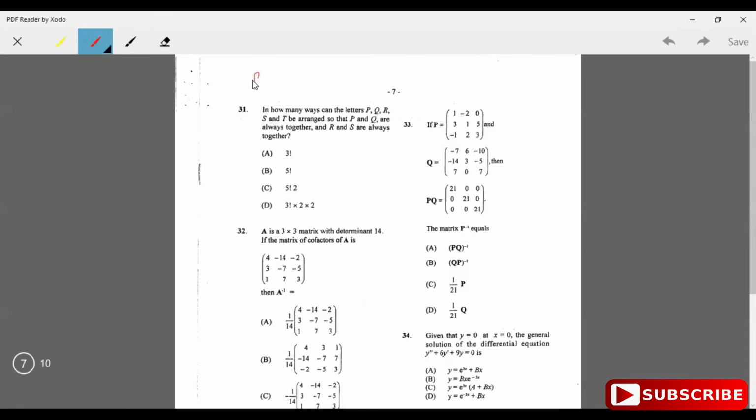So they want P and Q together, R and S together, and so they leave poor T by herself. So this is a couple right here, and this is a couple, and they leave T by herself. So in total, that's 3 factorial. But then each couple can be arranged in 2 ways. So 3 factorial times 2 factorial times 2 factorial. Exactly.